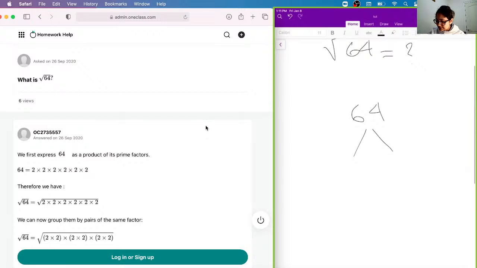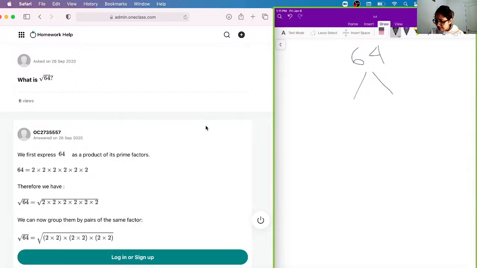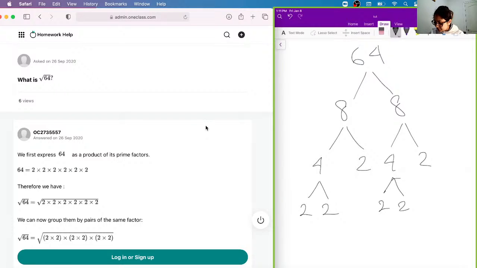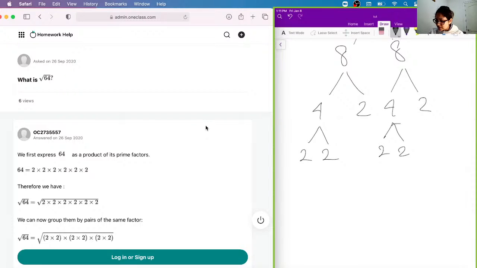And so we know that 64, if you divide it by 8, you have 8 times 8, and you can further break down 8. You have 4 times 2. You can break down 4 even further, so you have 2 and 2. So in this case, our smallest multiple is 2.